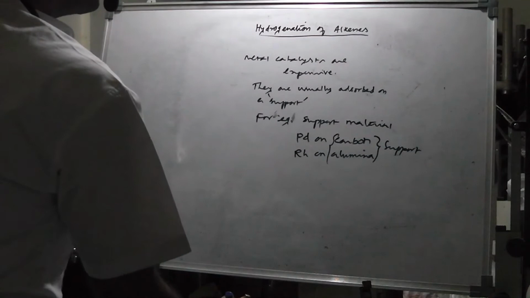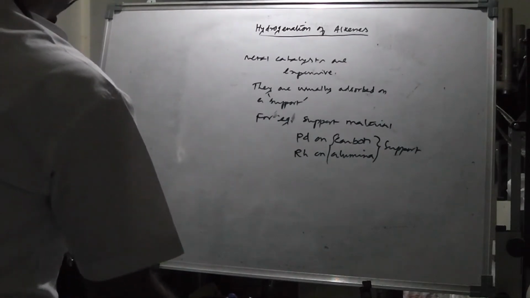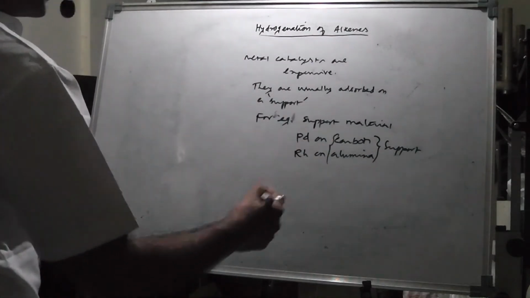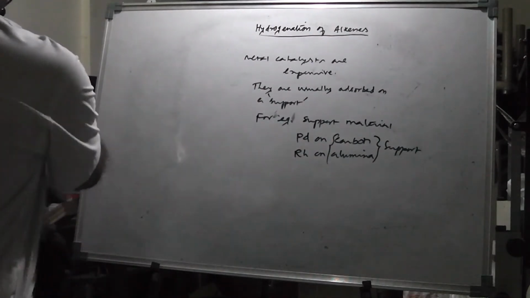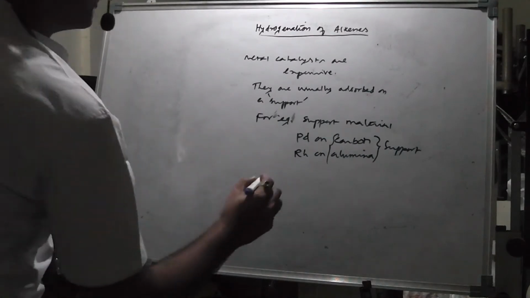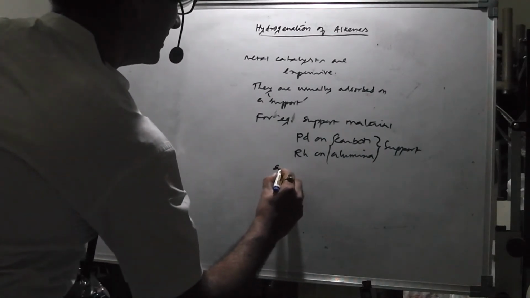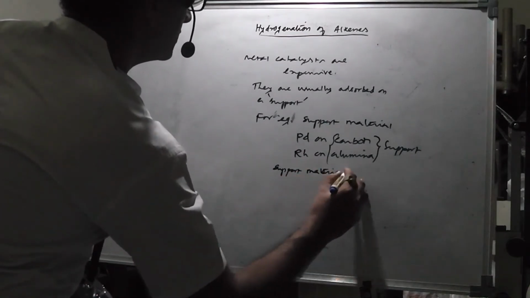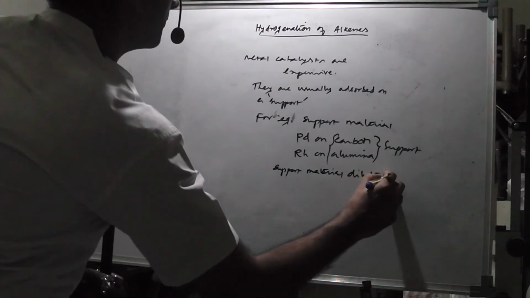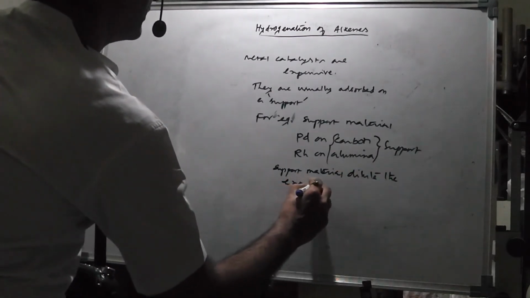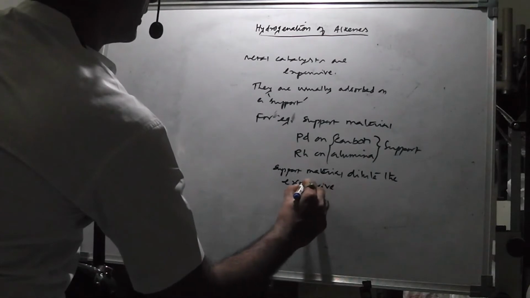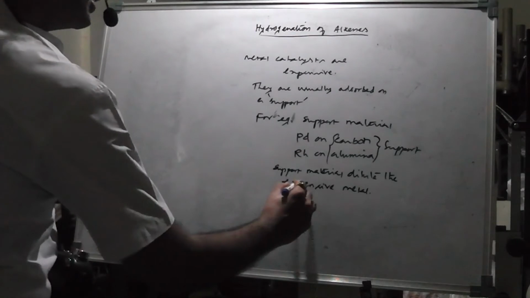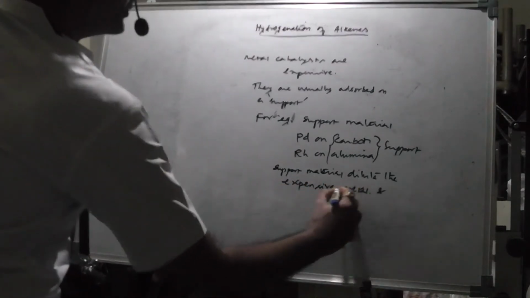The support materials have a use. They dilute the expensive metal and assist in controlling the rate of reduction.